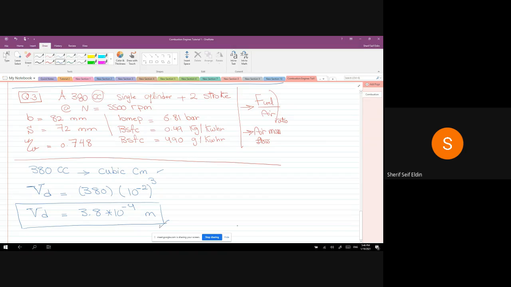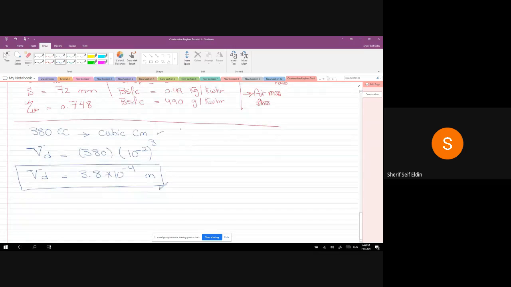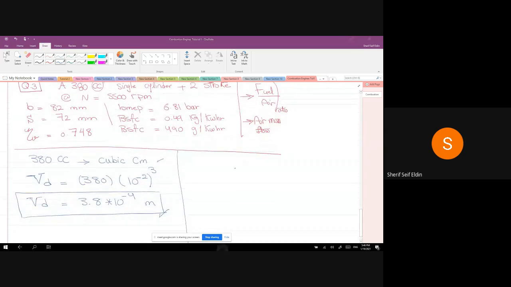So this is the displacement volume, which is already given to you directly. You can also get the displacement volume from the equation I told you about: number of cylinders multiplied by pi over 4 B squared S. Number of cylinders is 1 because it's a single cylinder.